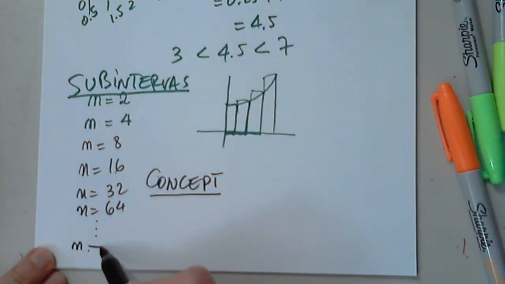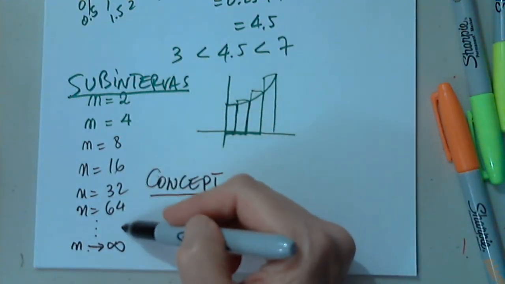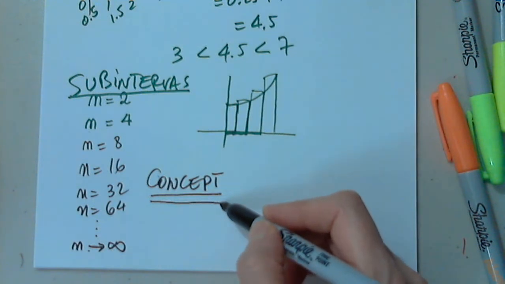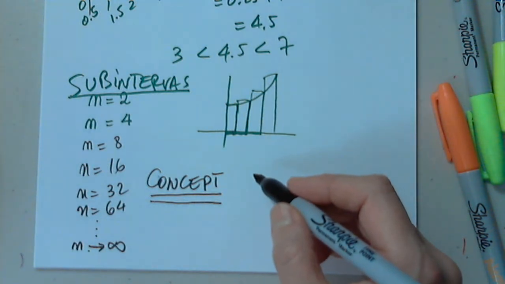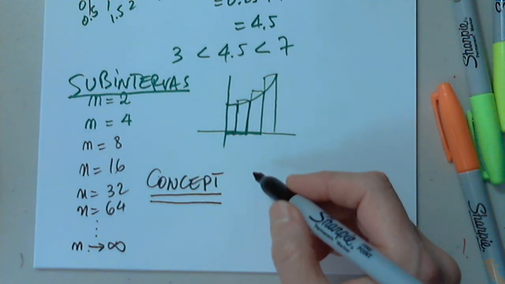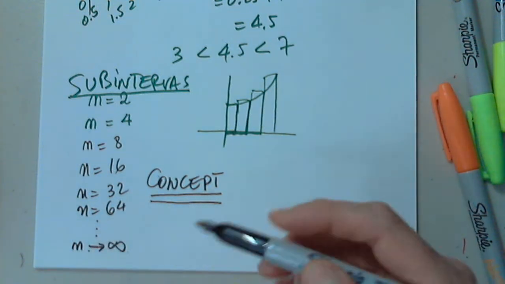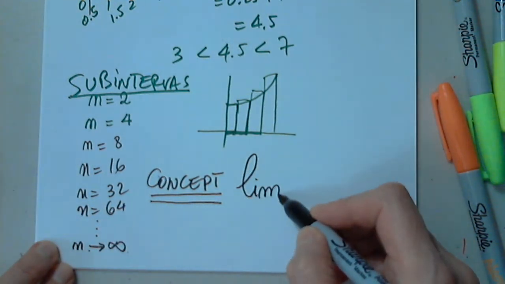What concept is that we used over and over in this class? What is it called? When you look at it, exactly, it's the concept of the limit.